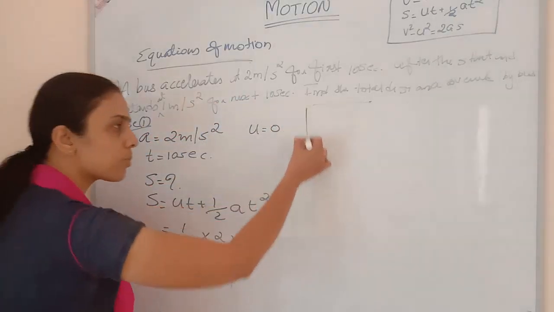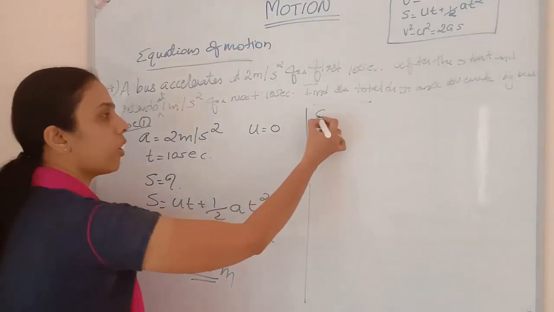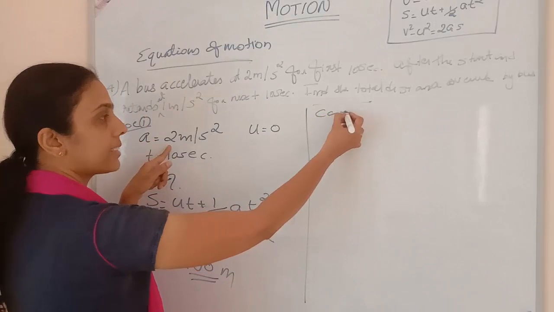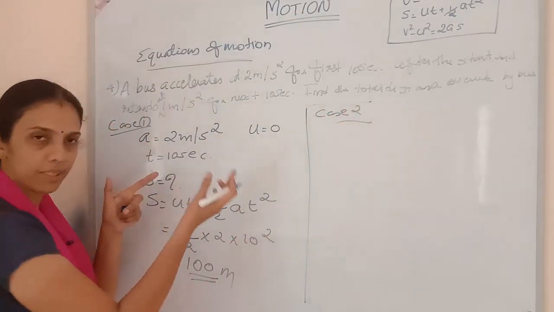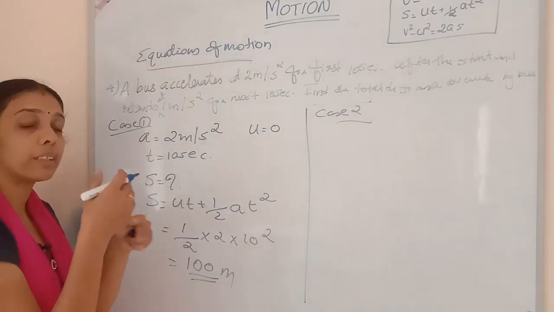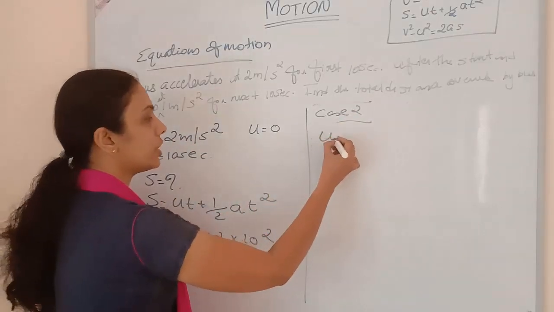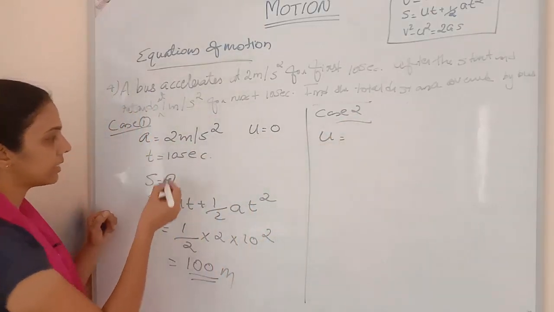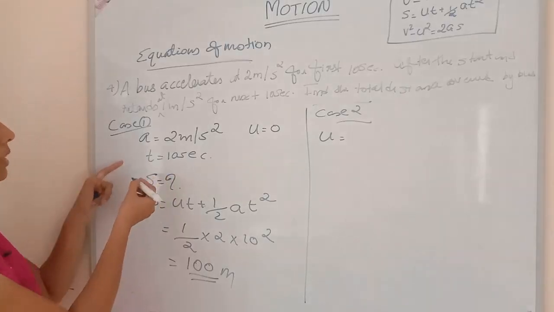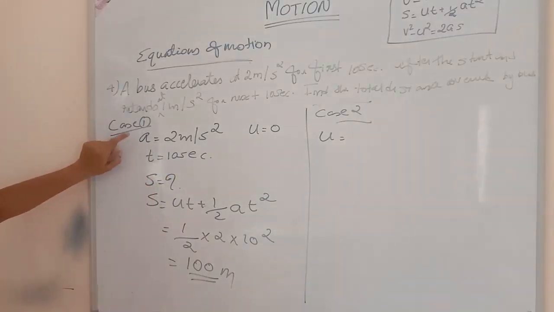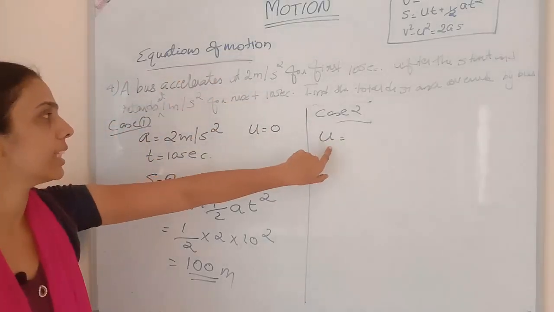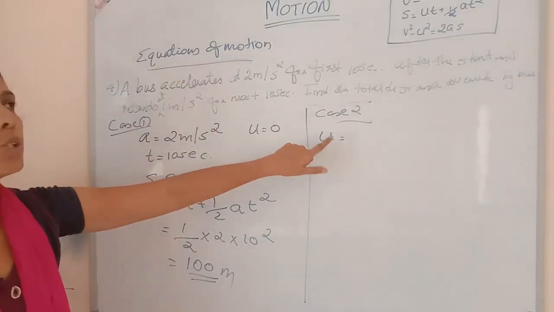It was moving with an acceleration of 2 meter per second square. So before retarding, what was its initial velocity? That will be the initial velocity at this position, isn't it?